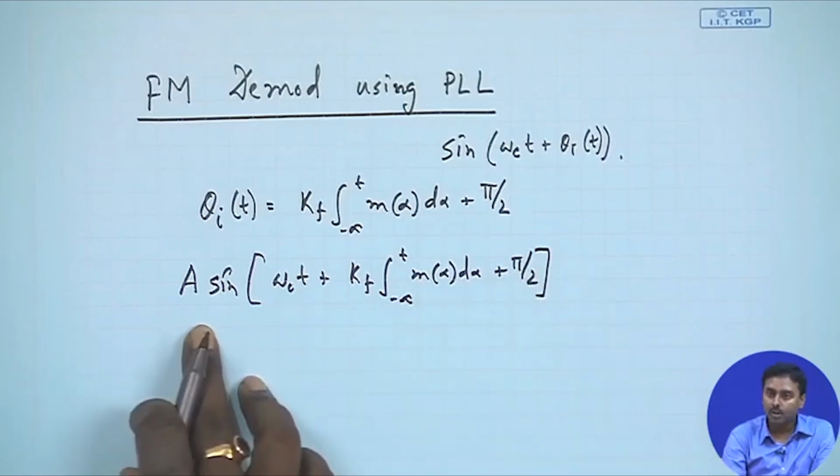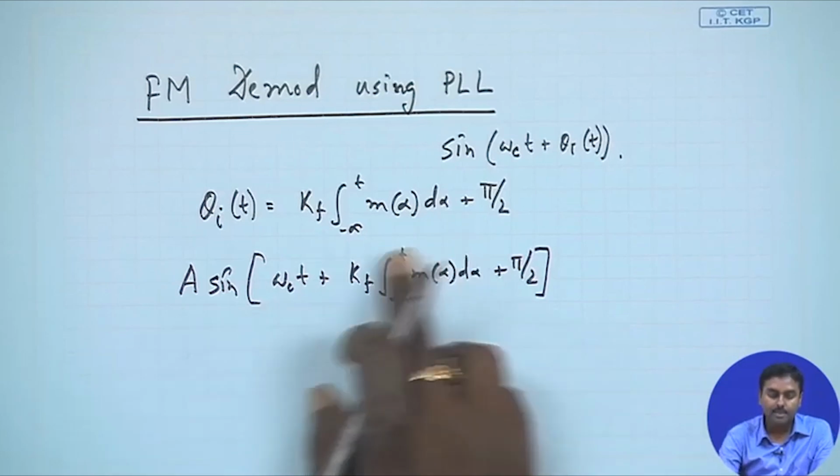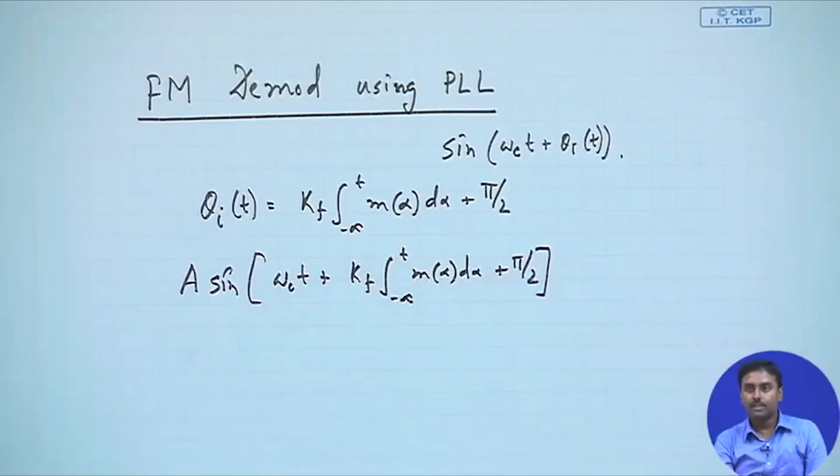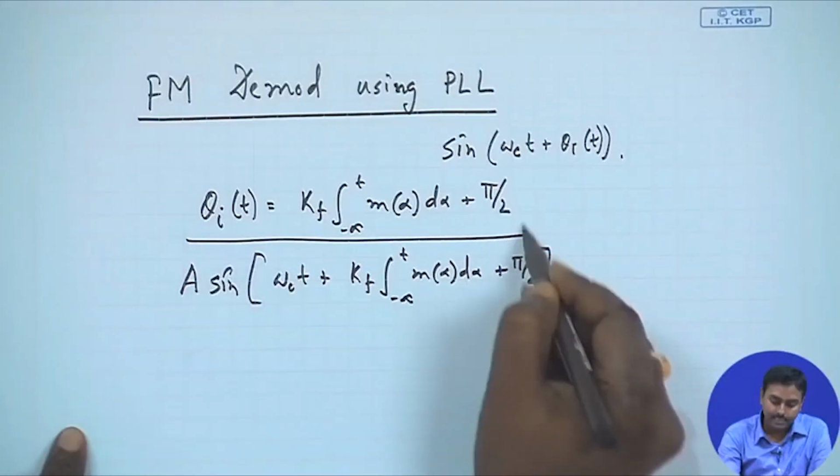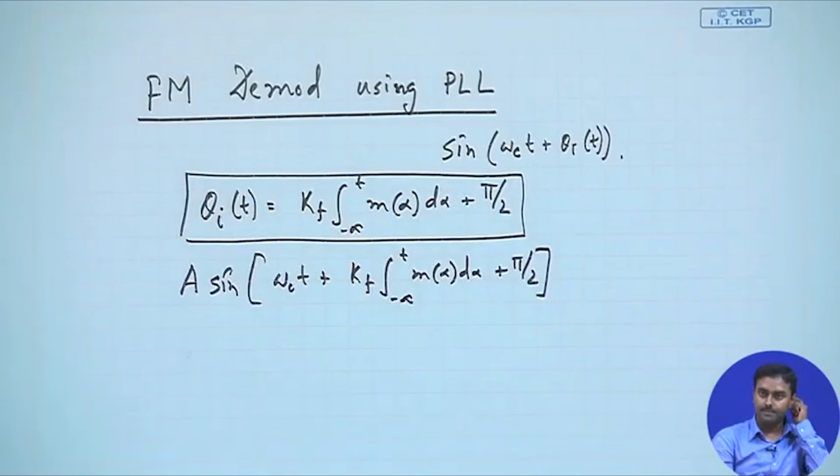That immediately becomes cos. So, it is A cos(ωct + ...) plus this, that is actually the FM signal. So, therefore, if I wish to put the FM signal to the PLL input, and if we correspond it, we get my θi(t) as this one, right. This is fine.